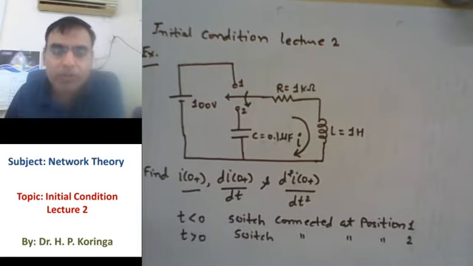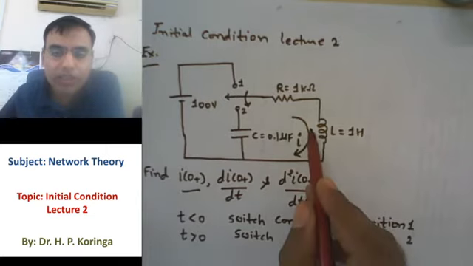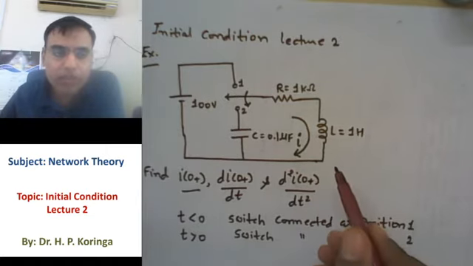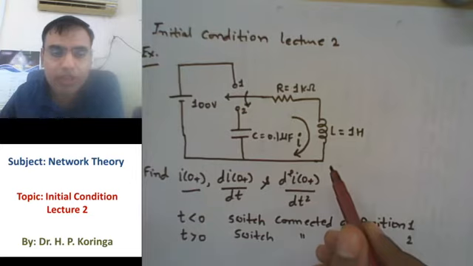So what is the procedure to solve? I is the current passing through the inductor, and we know the inductor does not allow an instant change in current.